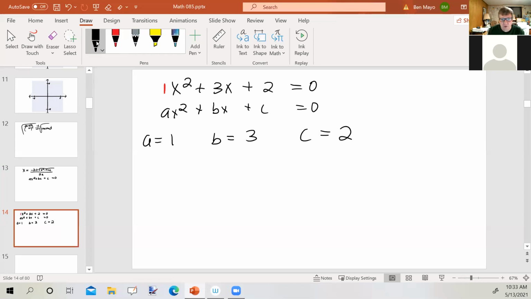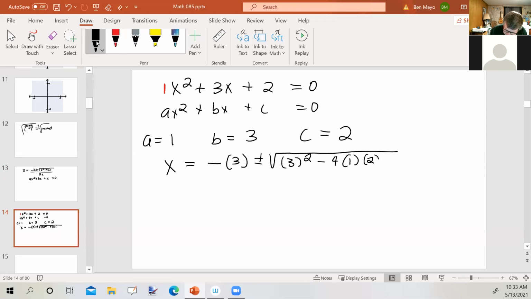Using those numbers in place of the letters and plugging into the quadratic formula, x equals negative b plus or minus the square root of b squared minus 4ac all over 2a.